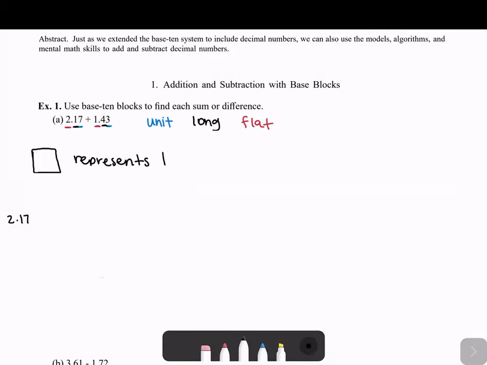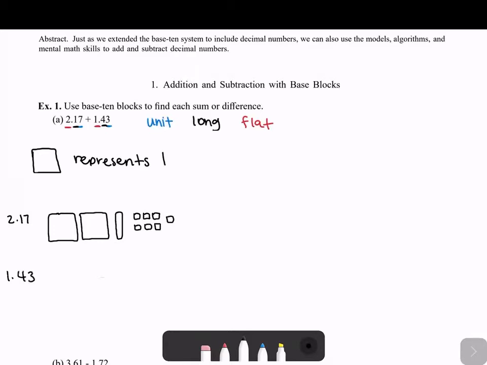So we have 2 flats because the flats are in the ones place. We have 1 long in the tenths place and 7 units, which are in the hundredths place.